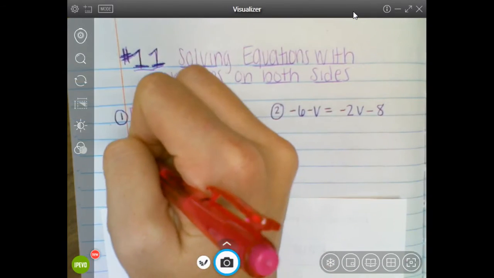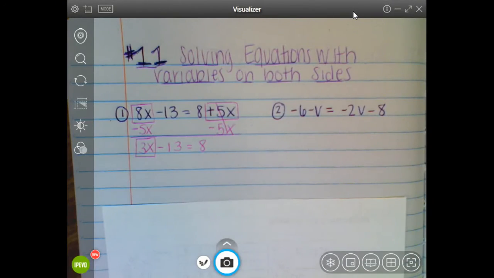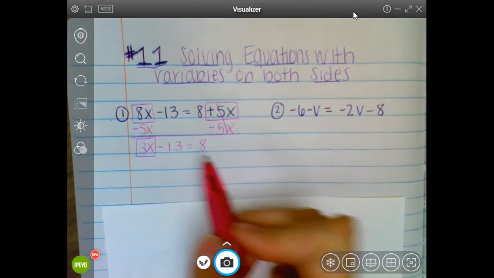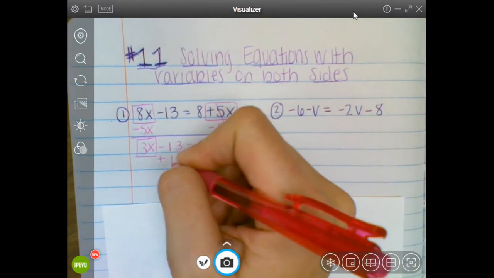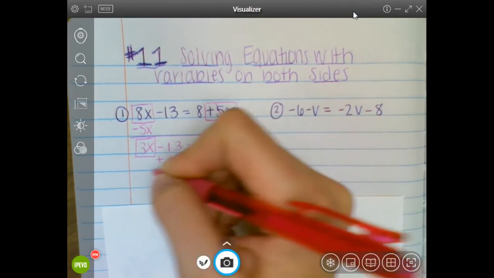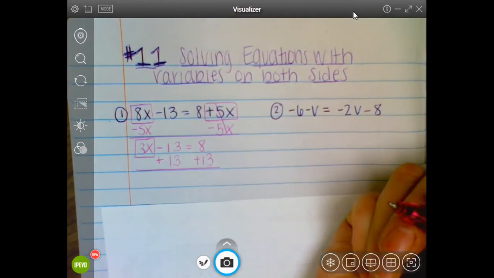If I box my variable again, I want to get everything away from my variable to isolate it. So I need to undo the subtraction of 13, so I will add 13. If I do it here, I also do it to the other side. Remember, what you do to one side, you do to the other.